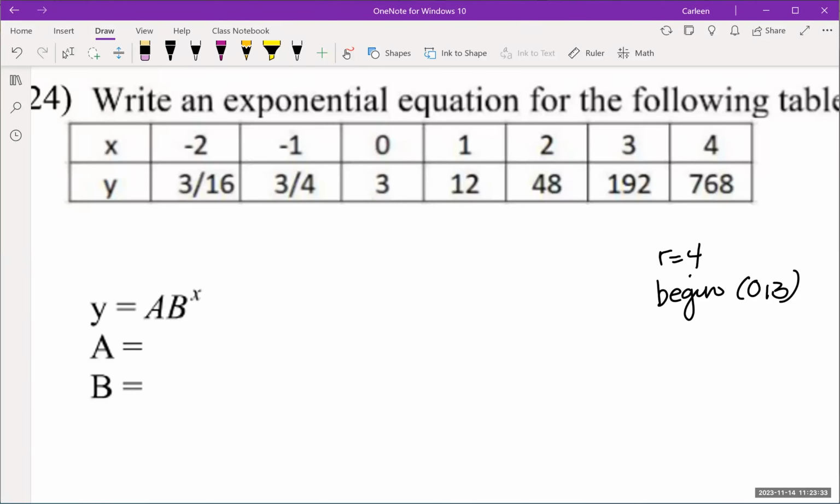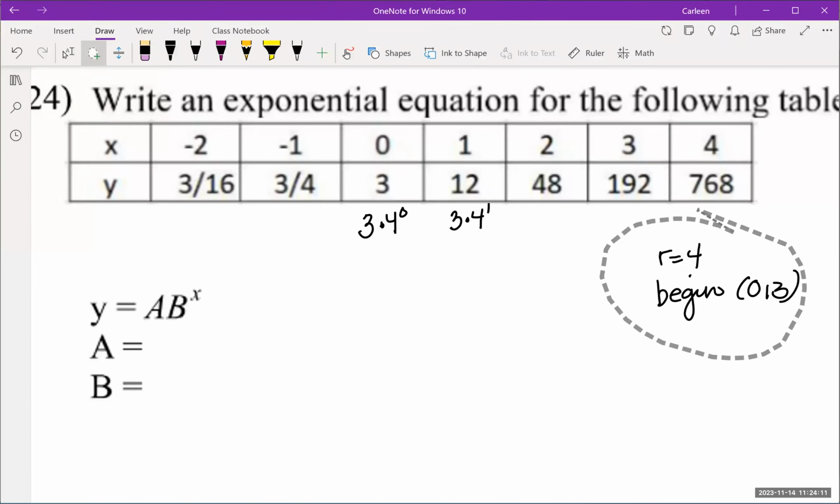Okay, so I can write this as 3 times 4 to the first power. Can I write this as 3 times 4 to the 0th power? What is anything to the 0th power? This is 1. This is just 3 times 1. So are we good? 3 times 4 to the 0th, 3 times 4 to the first.